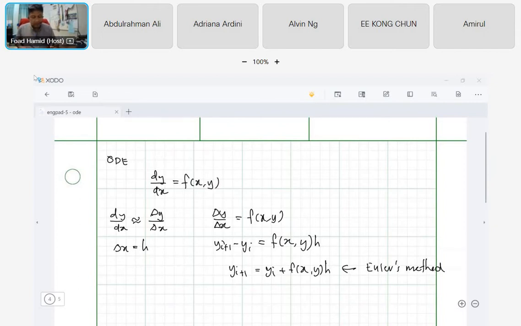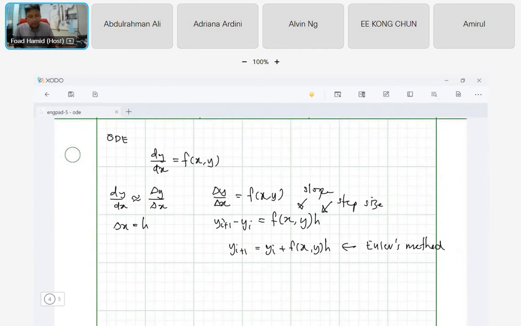And we say that always in the case of numerical method, the first step to do is to approximate. The second step is to improve the approximation. So in this case, we know that h is our step size, and our f(x,y) is our slope, right?